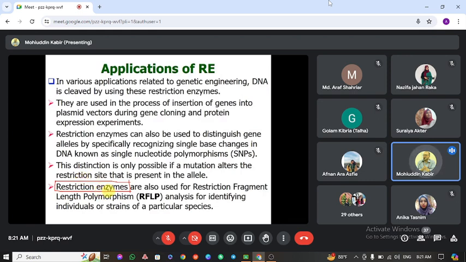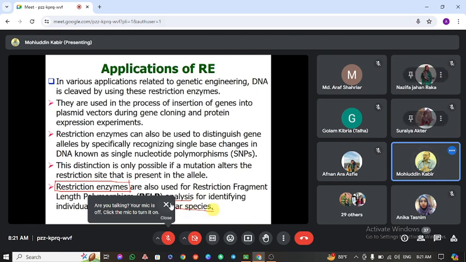So restriction endonucleases can also be used for RFLP analysis, restriction fragment length polymorphism, to identify the individuals or strains of a particular species.